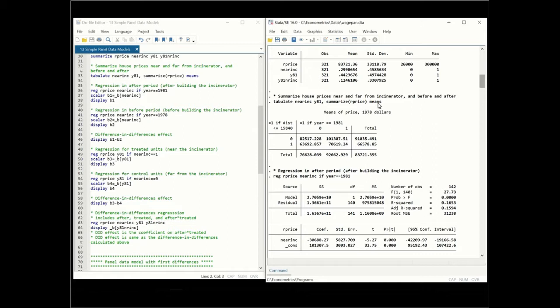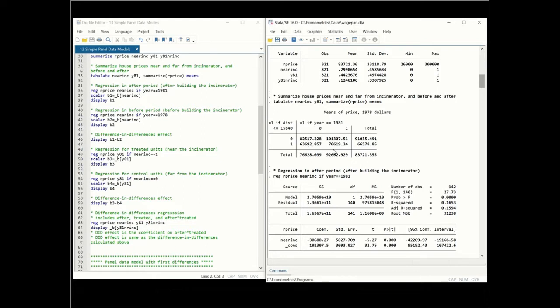And means, we just want the means, not the standard errors or the number of observations. So this is a summary statistics table that shows if it's near the incinerator versus far from the incinerator, and then we have a dummy variable for if the year is the second year or the first year.